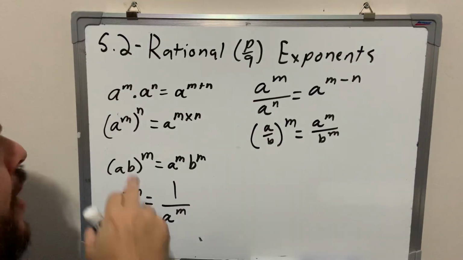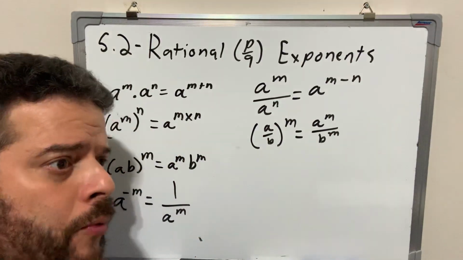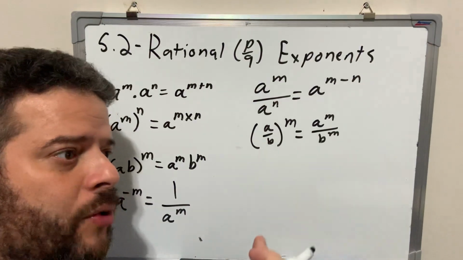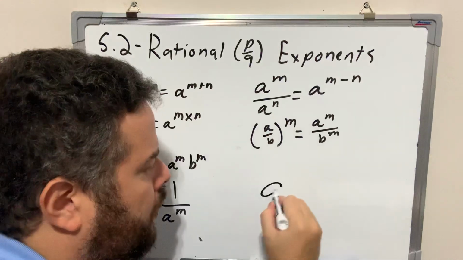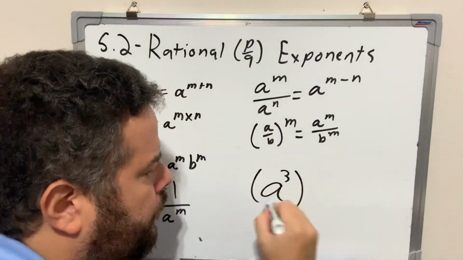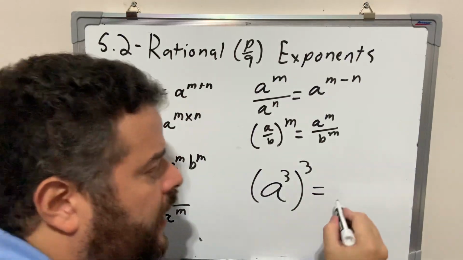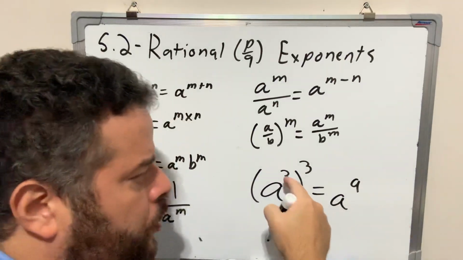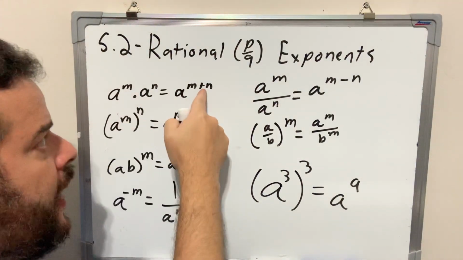Now, when we do the power of a power, when you raise an exponent to another exponent, that's where you multiply. For example, a to the 3, all to the 3, that is actually a to the 9. You multiply. Here you don't add. Again, when we multiply, we add.